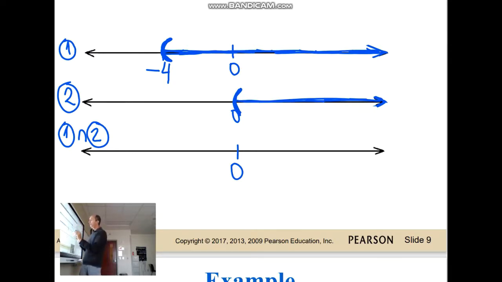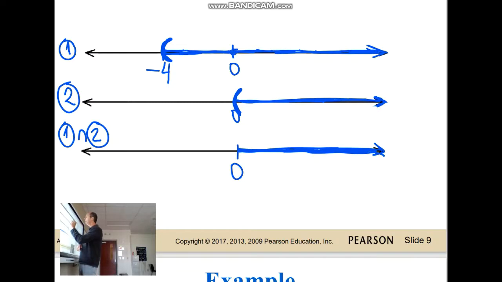So we need to find the set of numbers that are common to both. So this side here, from 0 up, is all common to both, right?